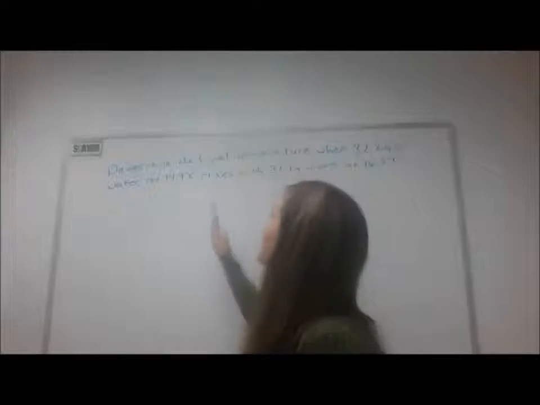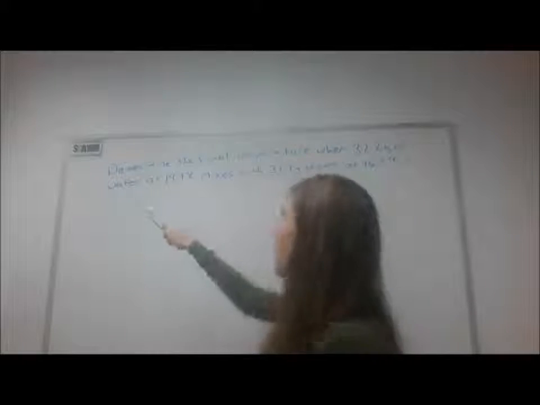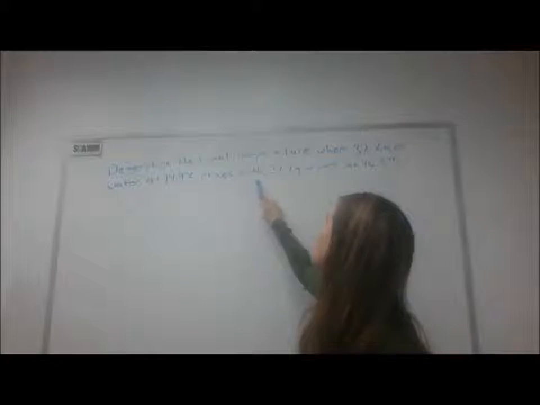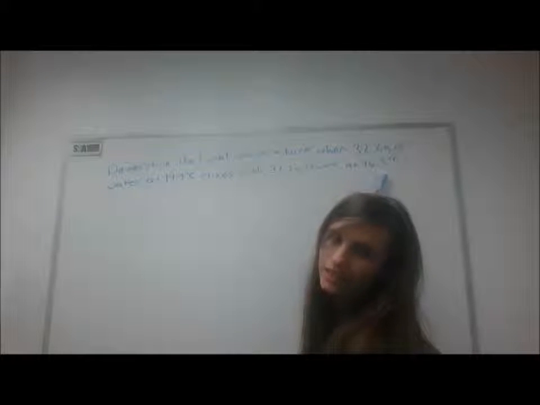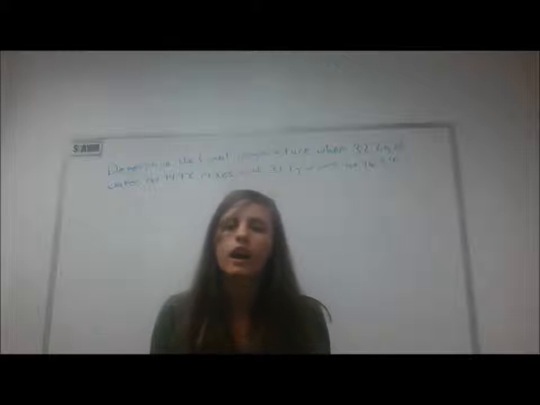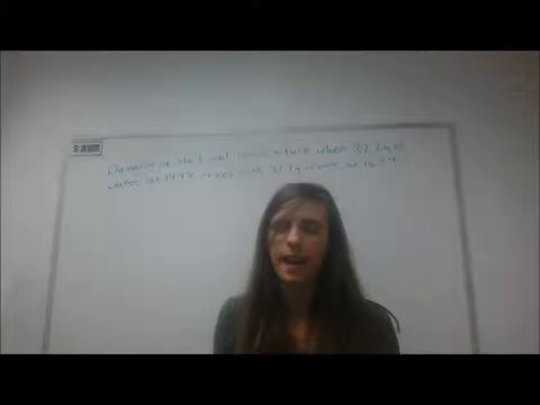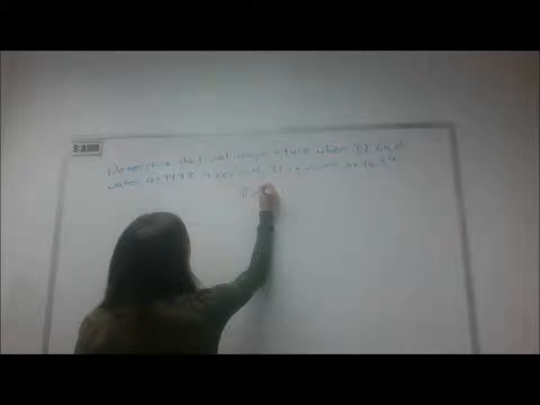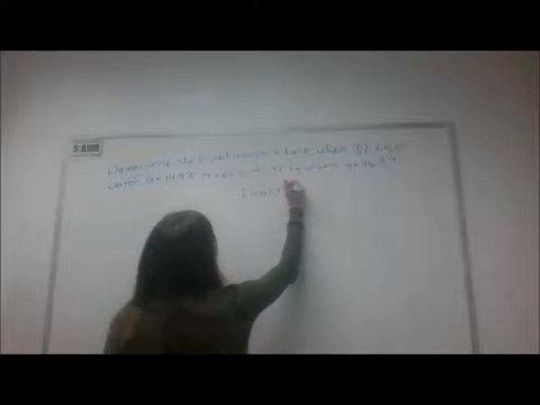I wrote down a type of problem on the board. Determine the final temperature when 32.2 grams of water at 14.9 degrees Celsius mixes with 32.2 grams of water at 46.8 degrees Celsius. Okay, so let's define our final temperature as the most common variable used, X. So our final temperature is going to be X, and this is what we're going to try to find.